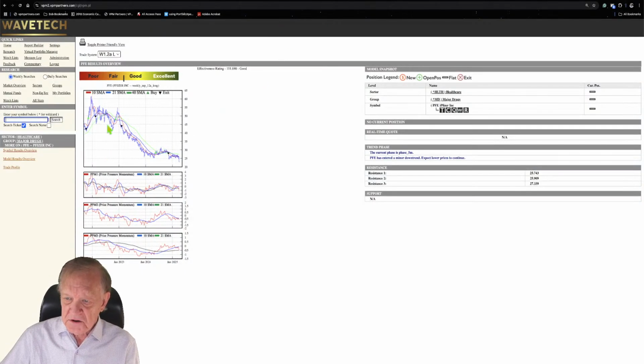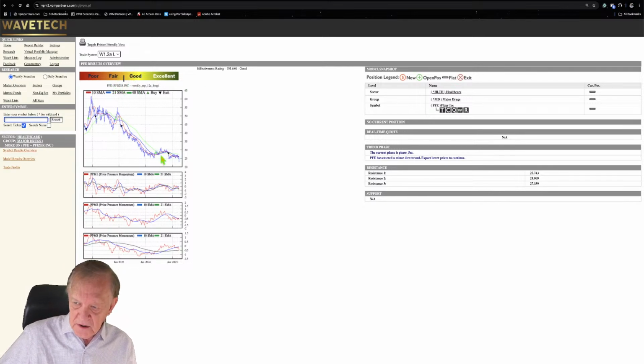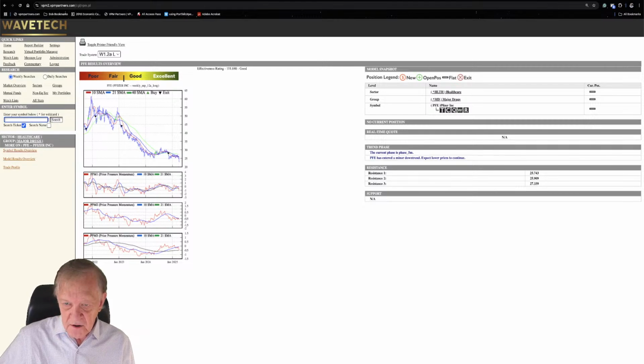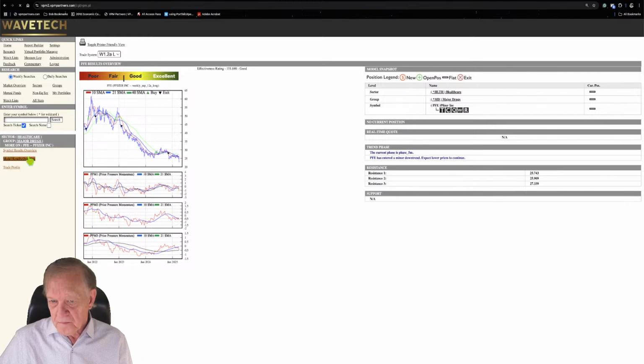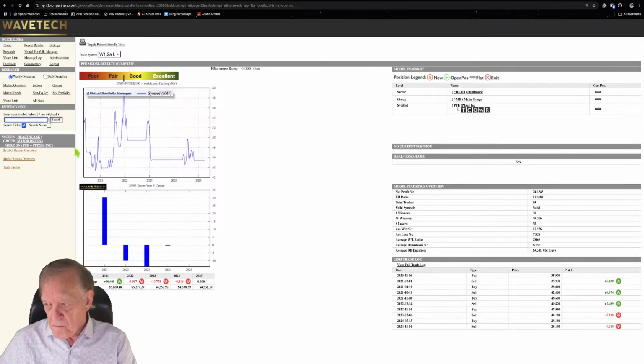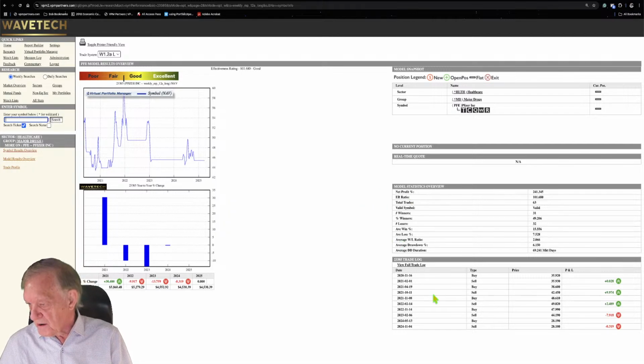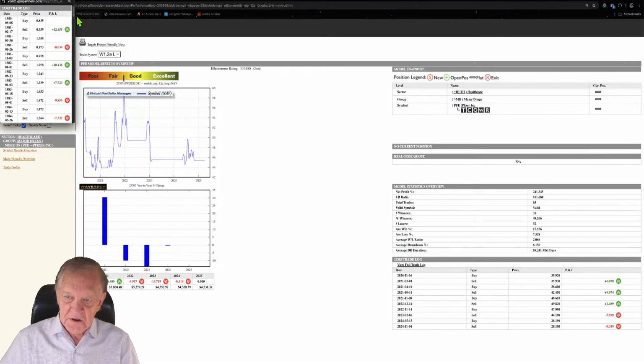So this is the chart right now. This PFE doesn't have a great trading record, but it did have a trade on right here, so we can look at the trade log.